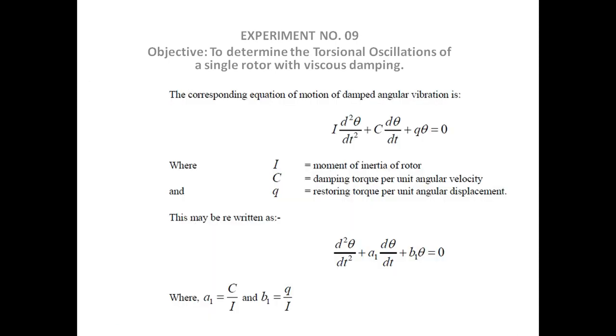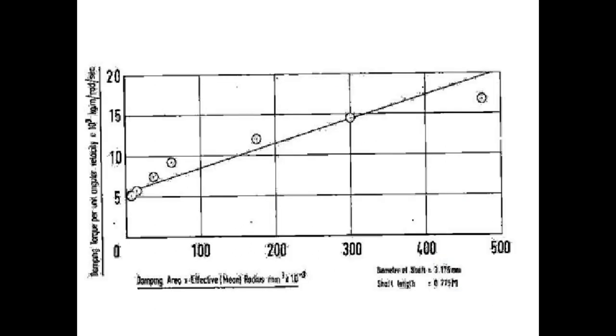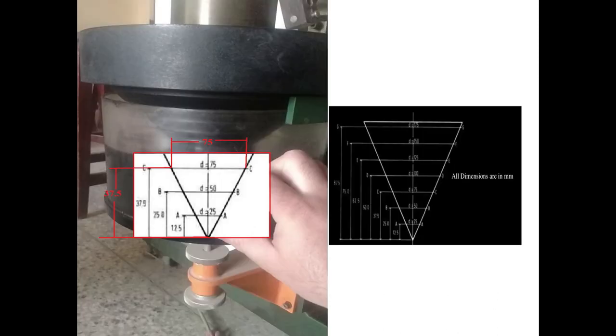In this experiment, the effects of introducing dashpots into a system undergoing torsional oscillations are investigated. The amount of damping in the system can be shown to be proportional to the area of contact of a dashpot piston with a viscous medium, by using a conical flywheel, which may be raised and lowered into the oil by means of a fine adjusting screw.